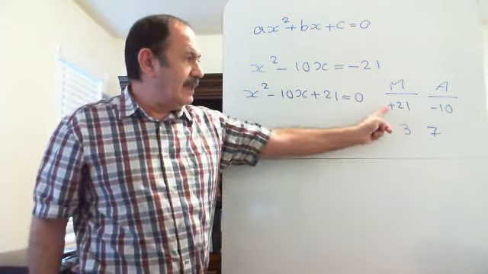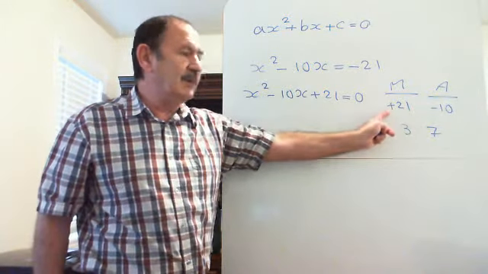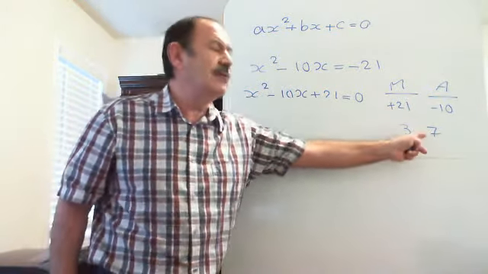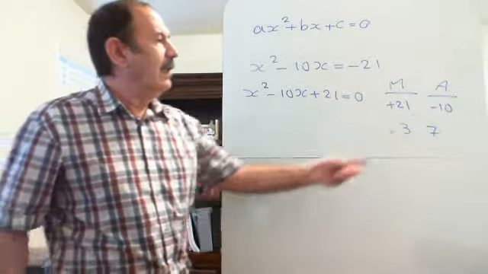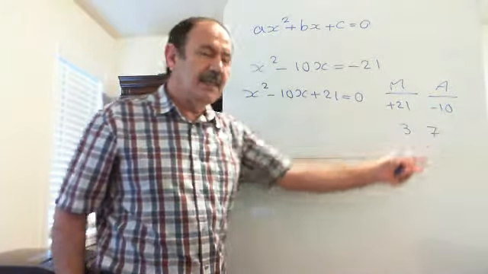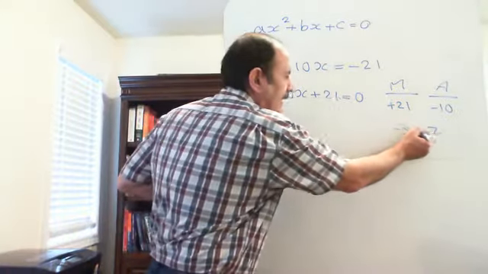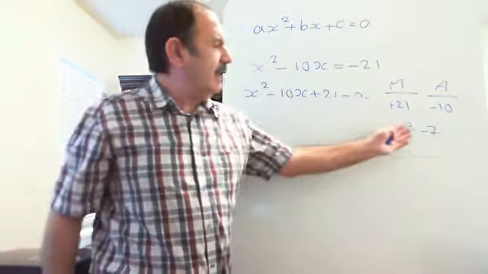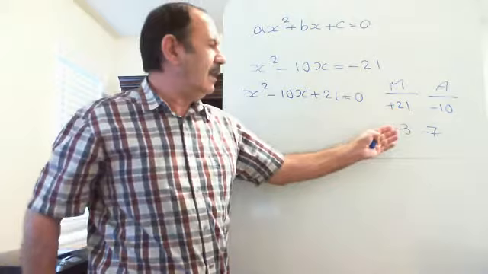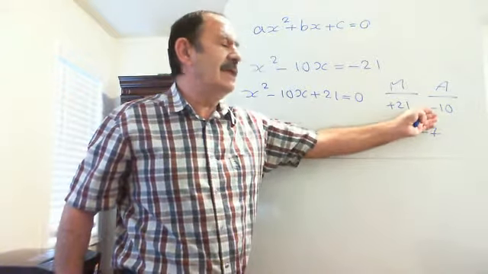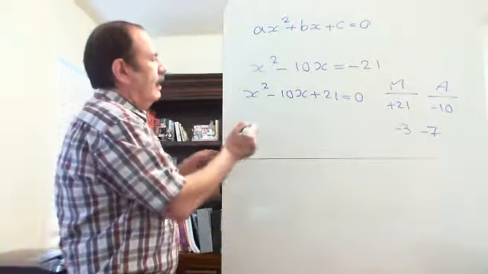But again, because the sign of multiplication is positive, it means these two numbers should have the same sign. And because the sum is negative, it means both should be negative. Then negative 3 times negative 7 is positive 21. Negative 3 plus negative 7 is negative 10.